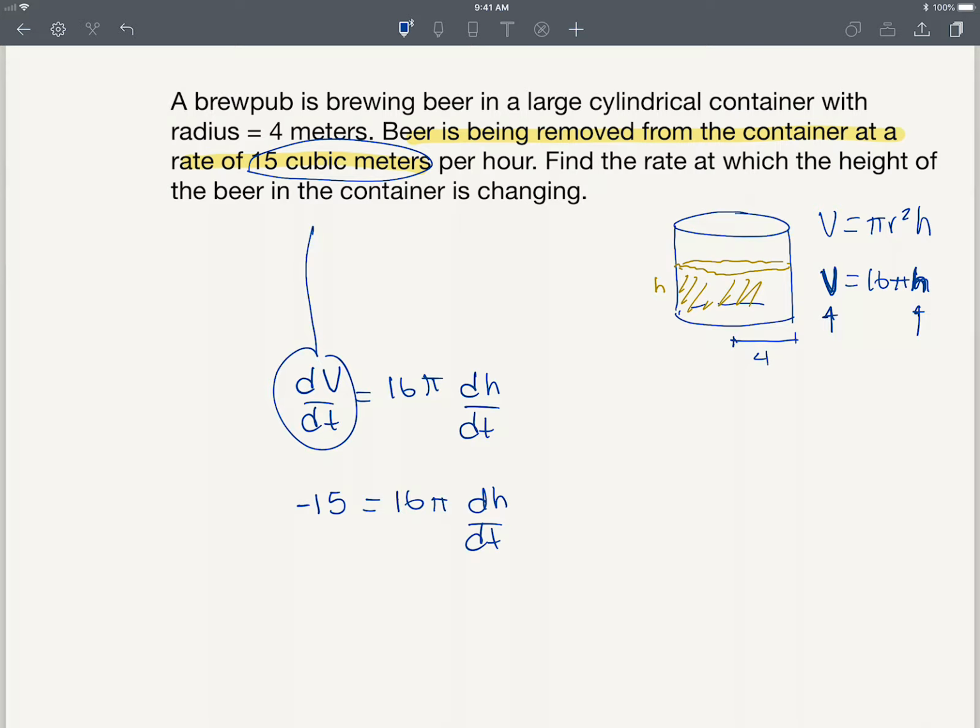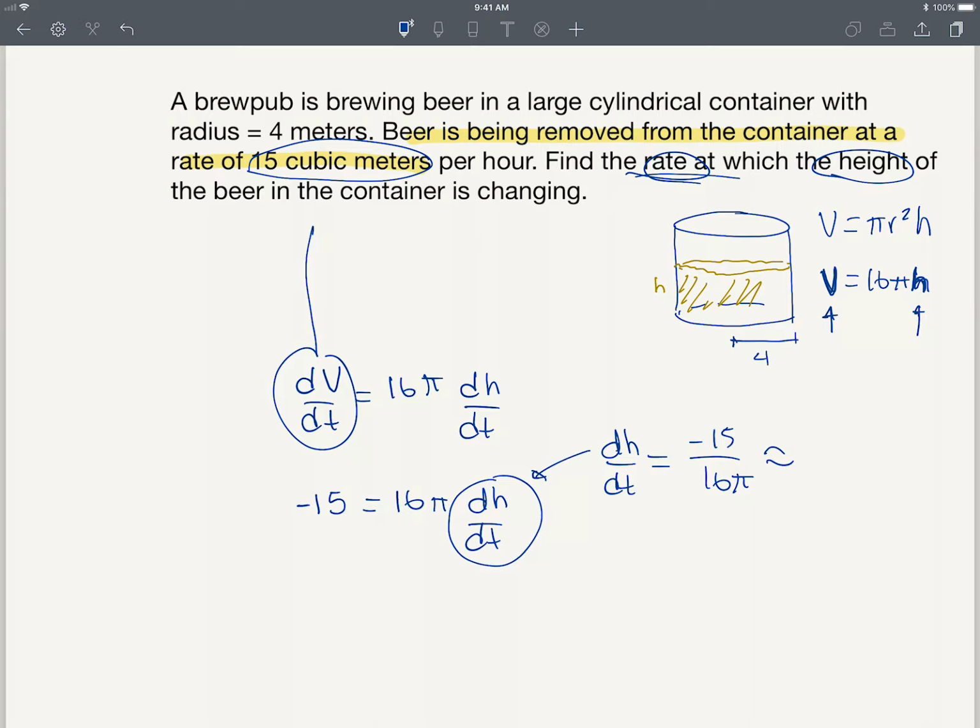So the question asks to find the rate at which the height of the beer is changing. So they're asking us to find this. All you need to do is solve for dh/dt. That's the rate of the height. So it's negative 15 over 16 pi.